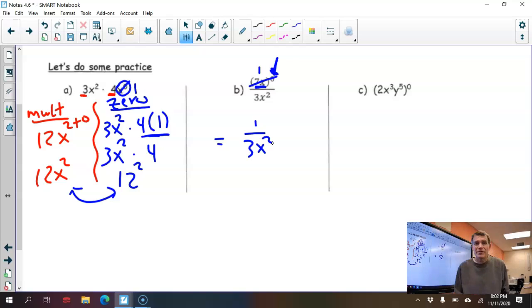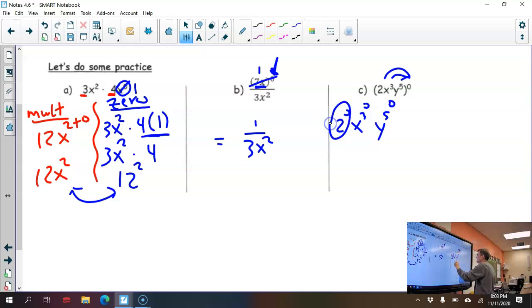should we do this how we've been doing, a power on a parenthesis? Should we apply this 0 to each thing? Sure. This would be 2 to the 0, x to the third to the 0, y to the fifth to the 0. And we now know that 2 to the 0 is 1.